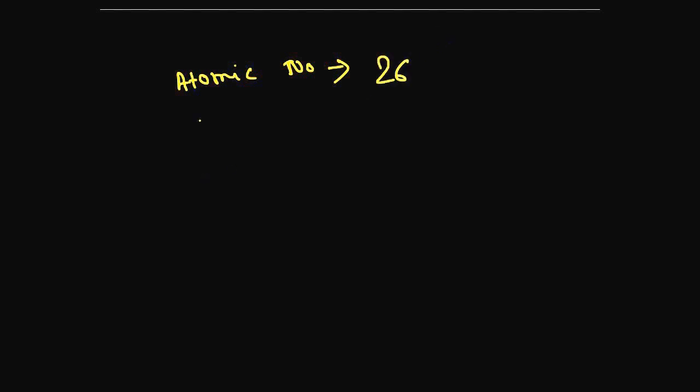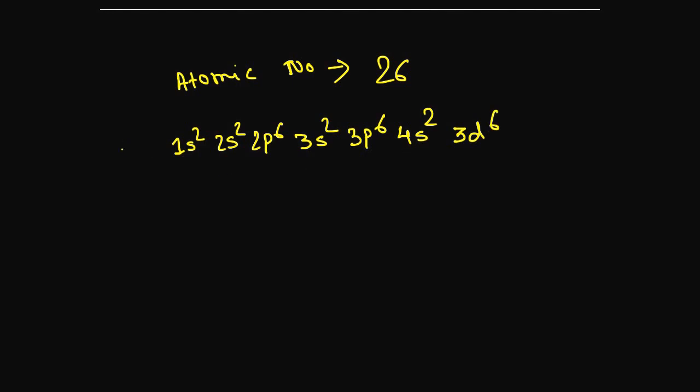That is, the electron configuration of iron is 1s2, 2s2, 2p6, 3s2, 3p6, 4s2, and 3d6.